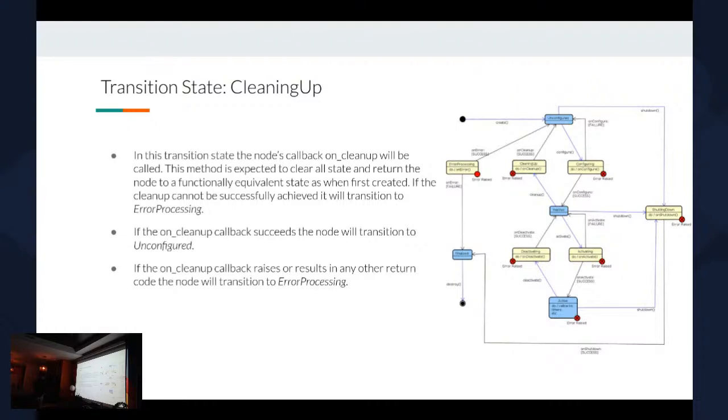So you won't have anything running at this moment. And of course, if the cleaning up is successful, it transitions to the unconfigured state. The onCleanup callback raises an error if something goes wrong, and it also transitions to the error processing state.